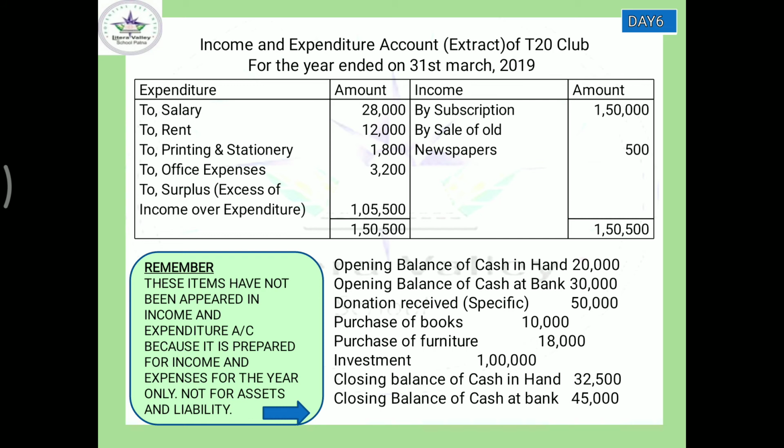You can see the subscription receipt 1,50,000 and sale of old newspaper 500. So altogether the income side is 1,50,500, and after deducting the expenses, the amount left is 1,05,500. All the relevant income and expense items have been shown in the income and expenditure account. You can see expenditure on your left hand side and income on your right hand side.